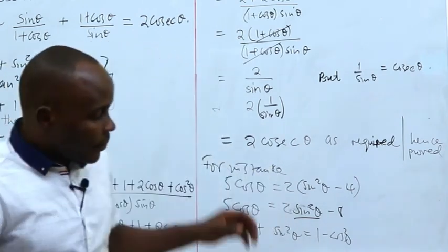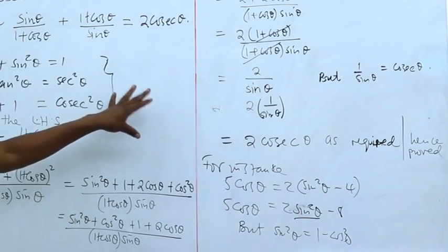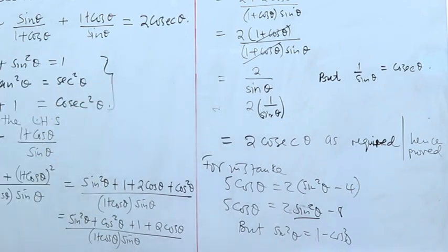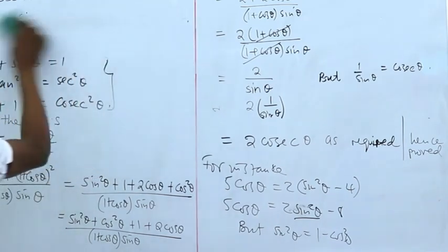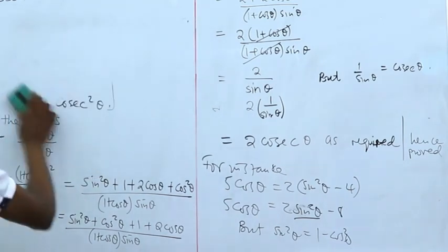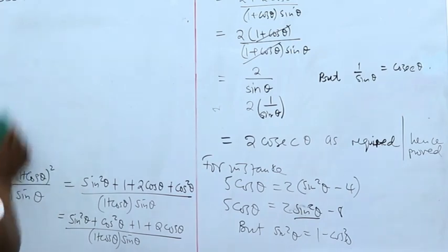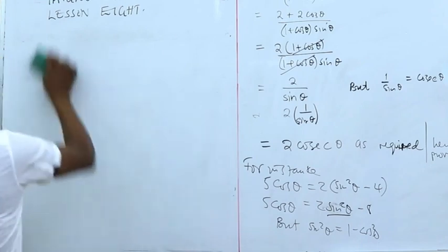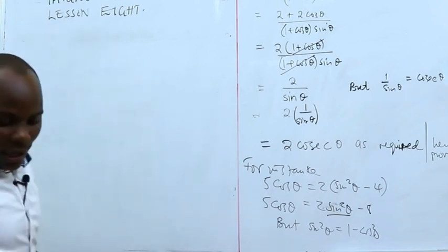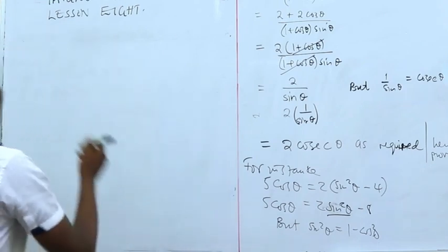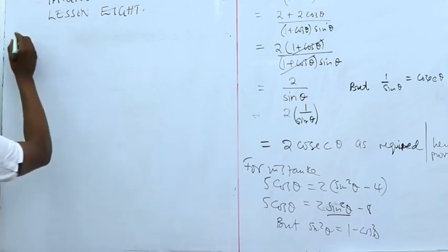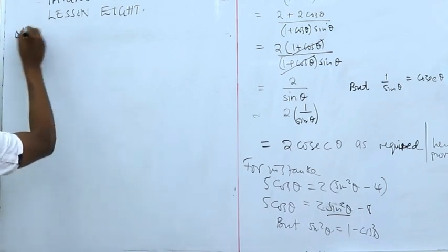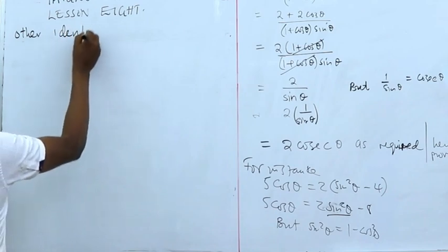So we are moving forward, and our moving forward tells us that we should now talk about something else, and that is none other than we have other identities.